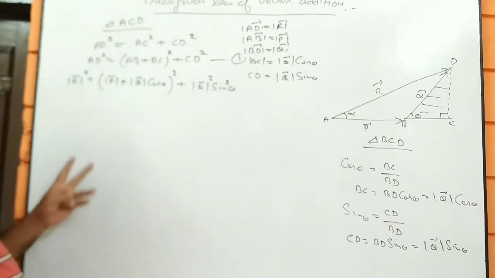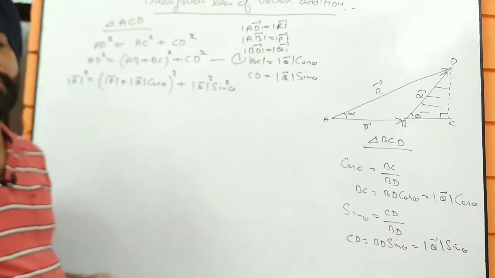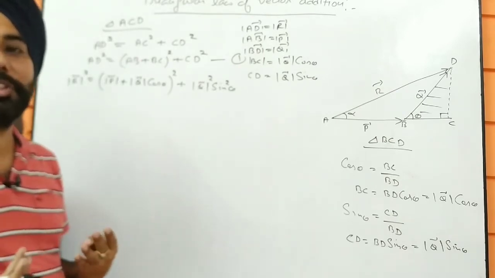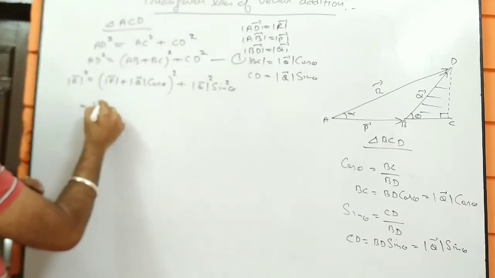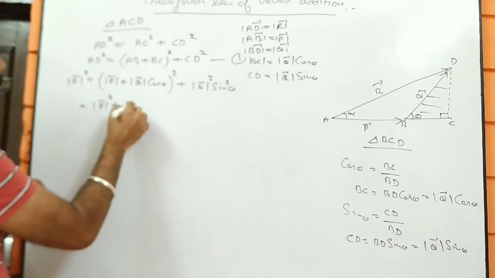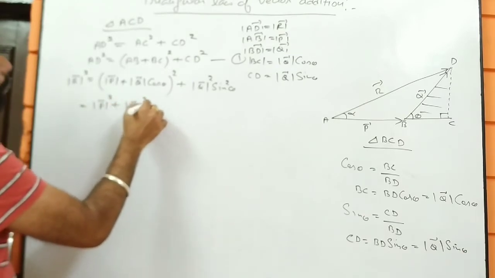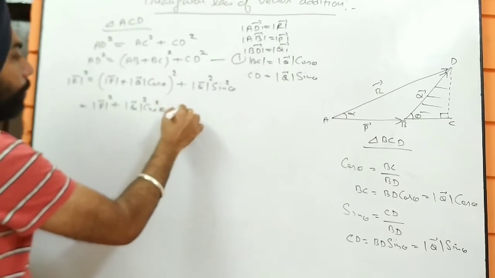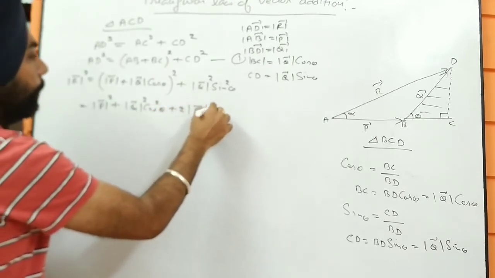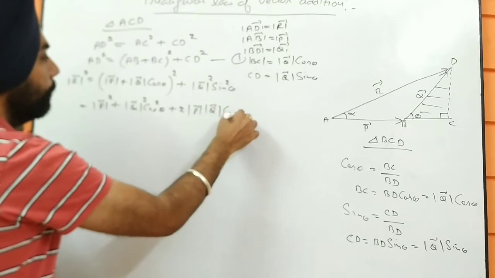Now this is A plus B whole square. So you know what is A plus B whole square? A square plus B square plus 2AB. Everybody knows that, okay. So this is going to be P square plus Q square cos square theta plus 2PQ cos theta.